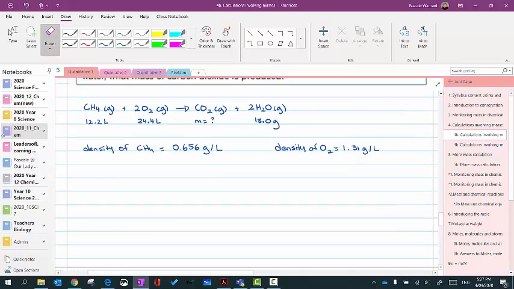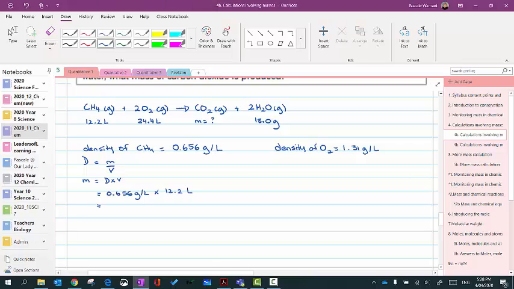Okay, so just a reminder that density is mass over volume. So if I want to find out the mass, I have to do density times volume. So for methane, the density is 0.656 times 12.2 liters.